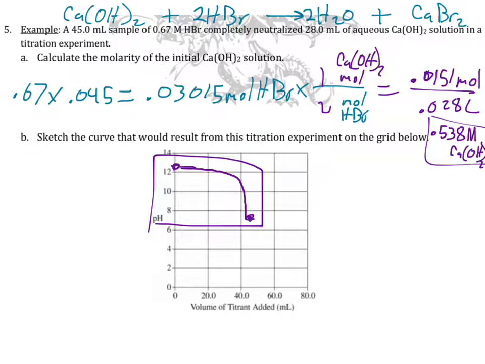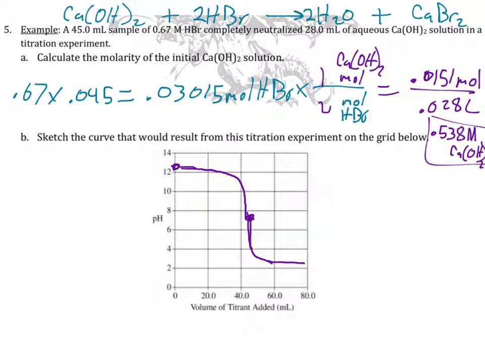But we are going to extend it as if they go past this point, because typically you do go past the point. There are a lot of reasons why, because there's certain information that you can get by extending it past the equivalence point. Because we're continually adding an acid, we're just going to extend it down like that, and eventually it'll flatten out on the bottom into an acidic solution.